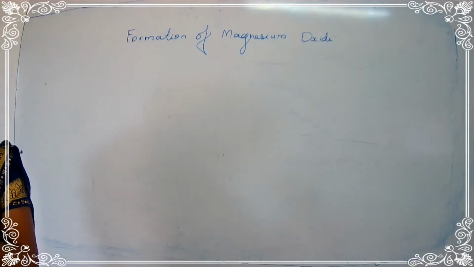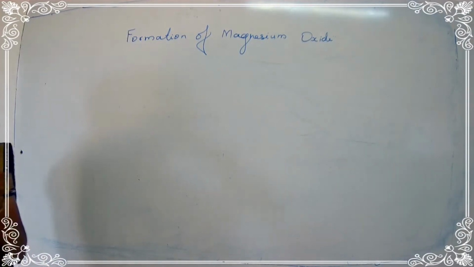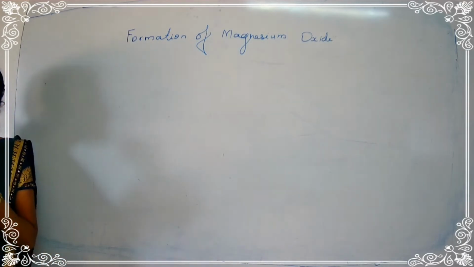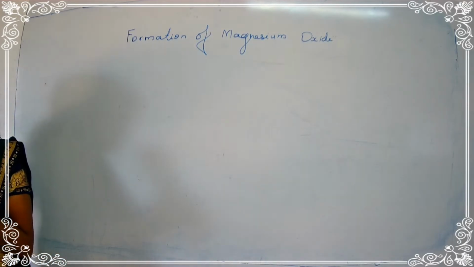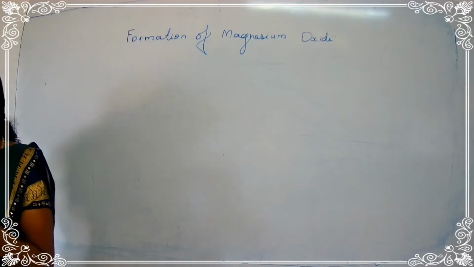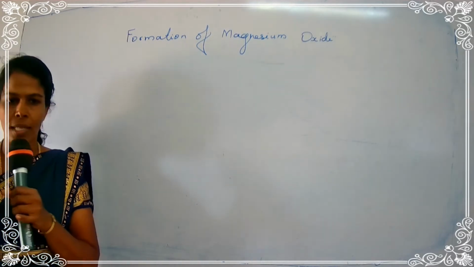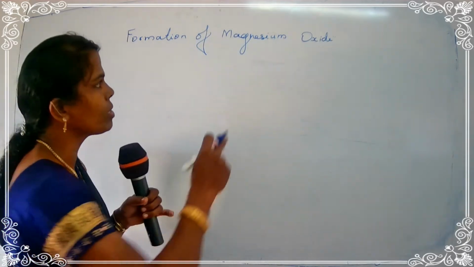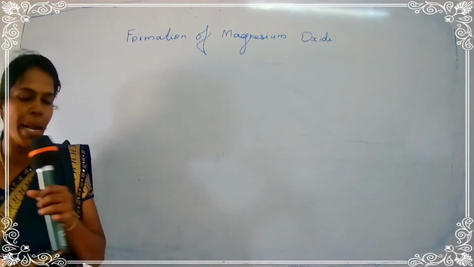You see here, this compound is formed between 1 atom of magnesium and 1 atom of oxygen. Here you see, this is a compound because magnesium and oxygen, 2 elements, are here.